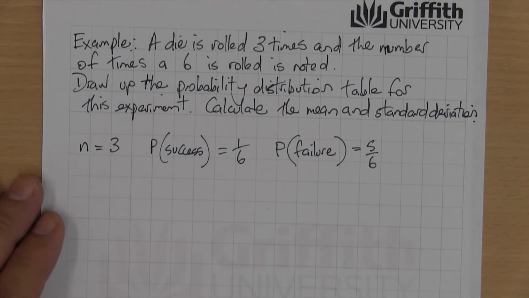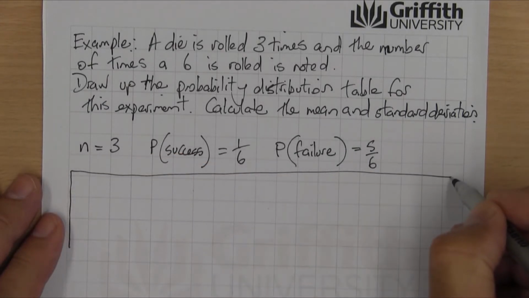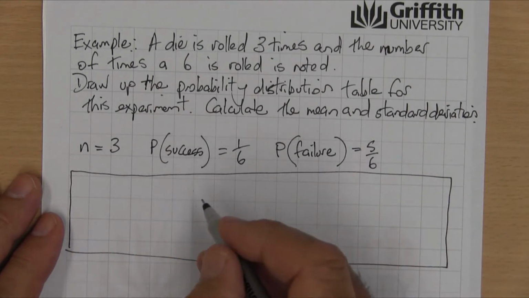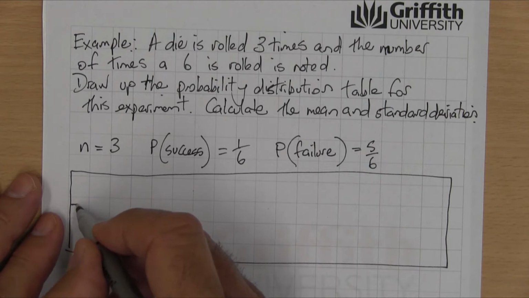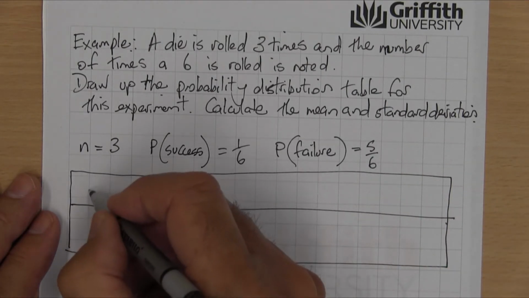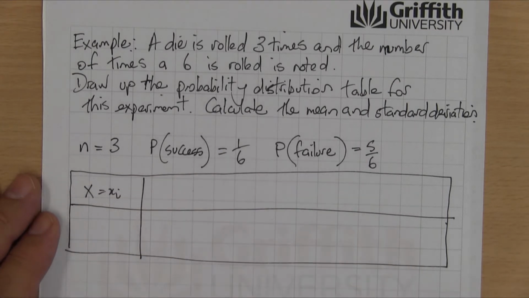So we've got to draw up a probability distribution table. And we've got what are all the different possibilities.